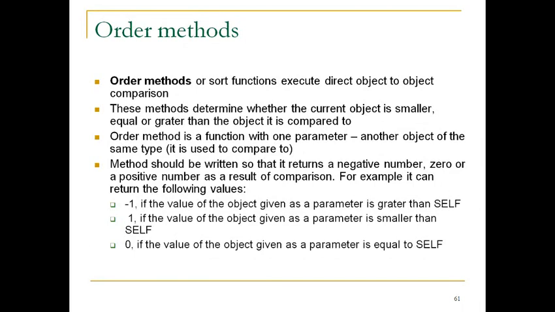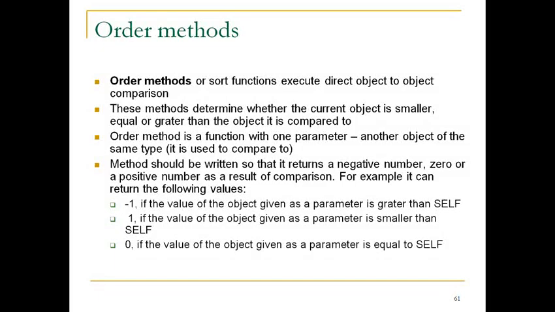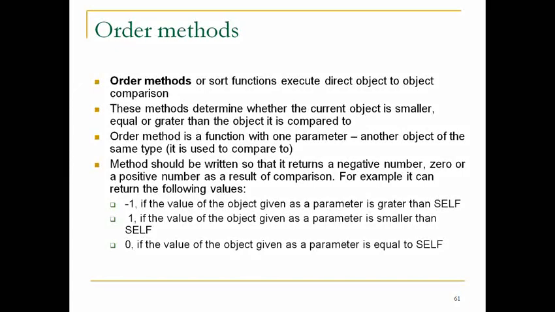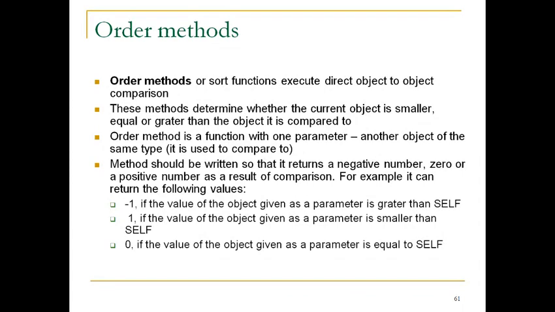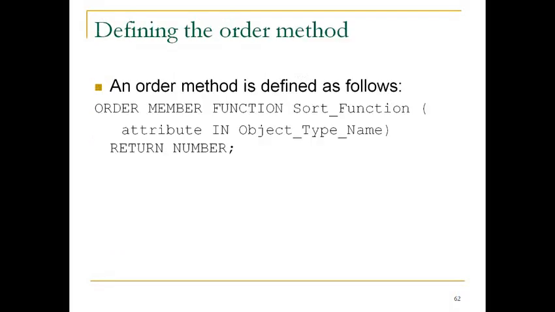We return -1 if the value of the object given as parameter is greater than our value, 1 if it is smaller, and 0 if the objects are equal. It is allowed also to give any negative value here, any positive value here. The ones are just the simplest values to give.